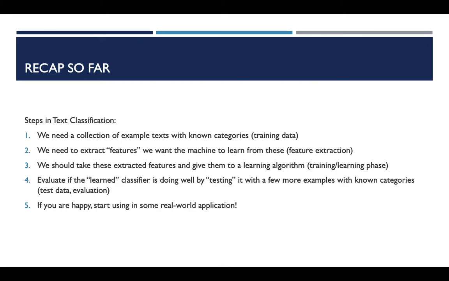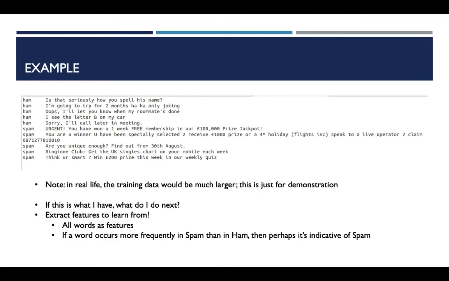And so we have to evaluate how well it did. If we're happy with how well it did, we can start using it in a real-world application. If we're not happy, then we might choose a different algorithm. We might alter the feature extraction, which features we choose, things like this.